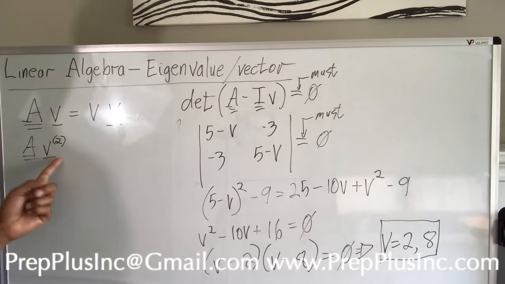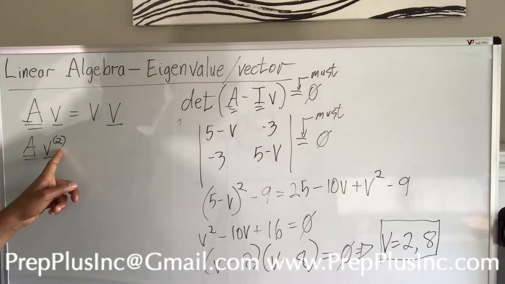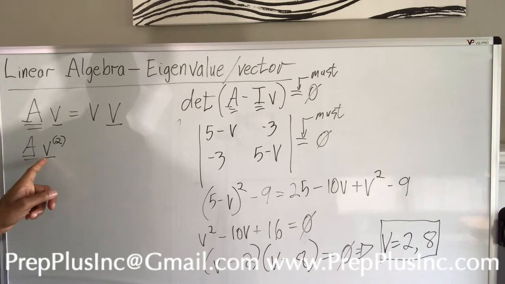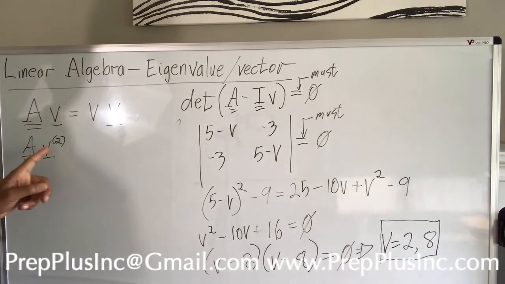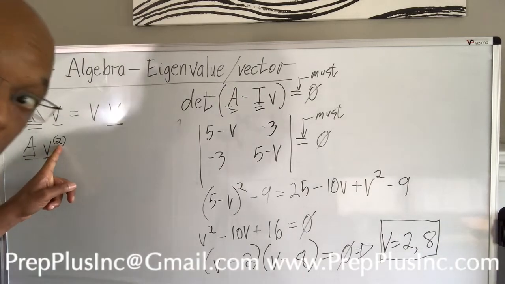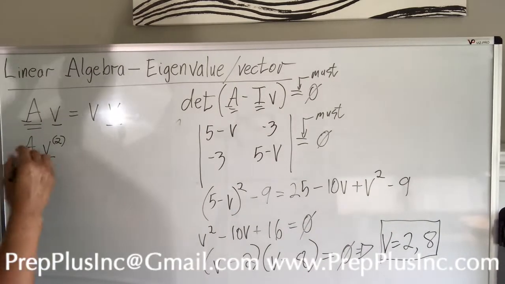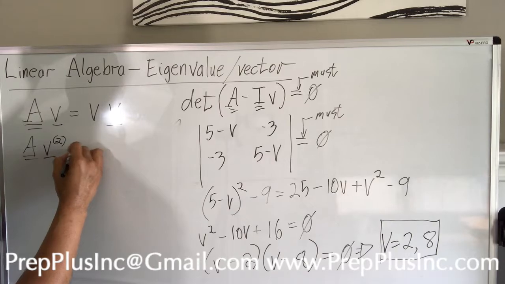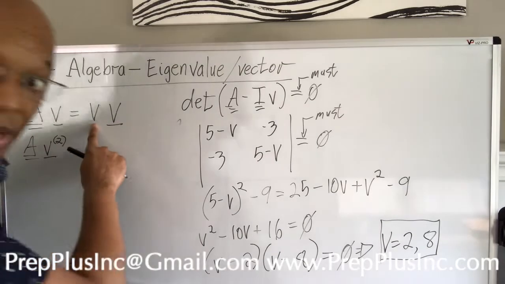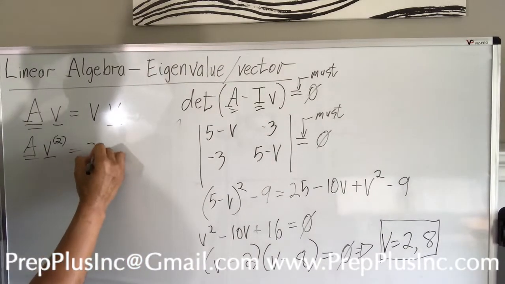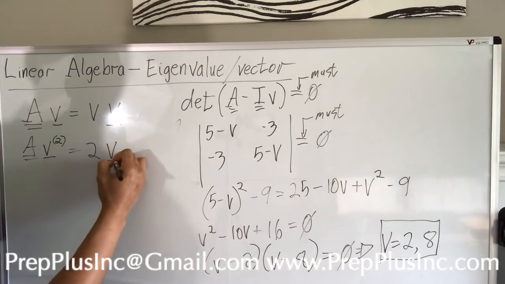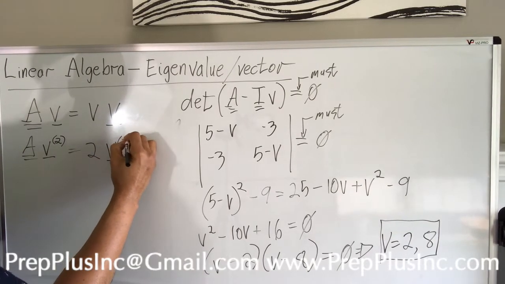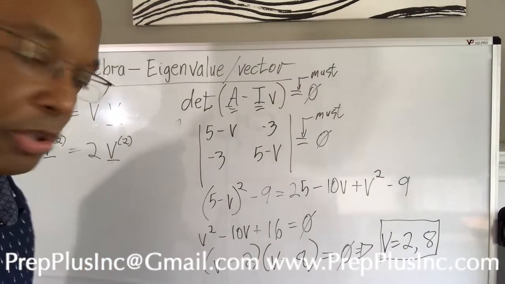I've just put a little superscript 2 to represent that this is the eigenvector that corresponds to eigenvalue 2. So A times the 2 eigenvector equals the eigenvalue, which is 2, times the eigenvector that corresponds to eigenvalue 2.